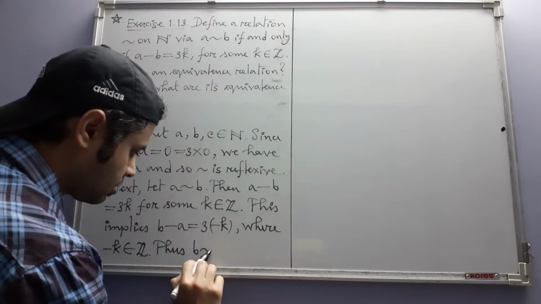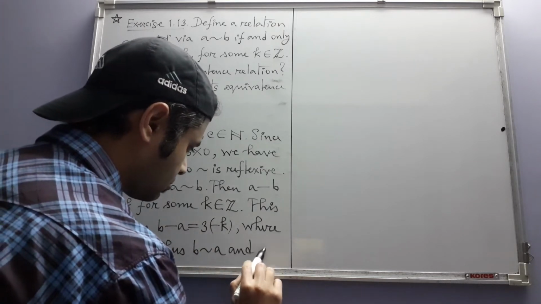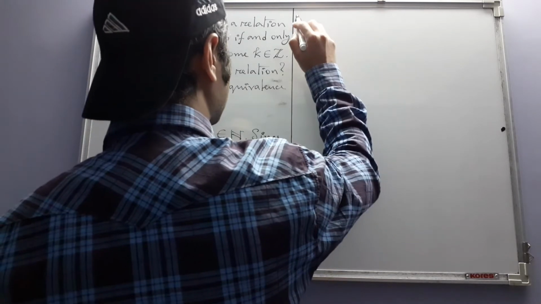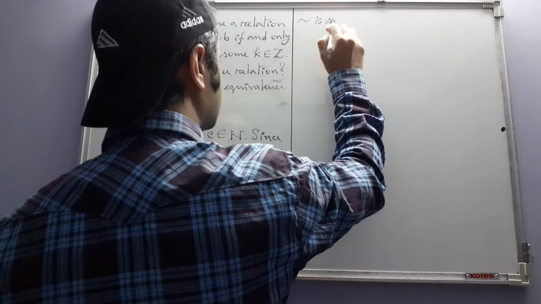So b is also related to a, and so the relation tilde is symmetric.